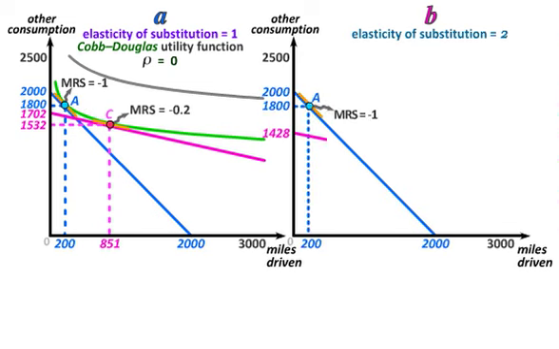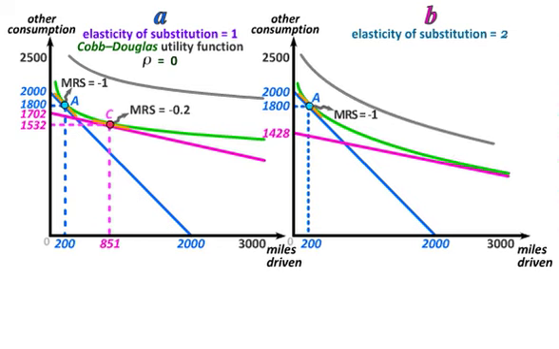In panel B, we'll construct a similar graph, and the only thing we'll change is that we are going to assume that my brother and I now have a constant elasticity of substitution utility function where the elasticity of substitution is equal to 2 rather than to 1, which it had been in panel A. We are also adjusting the other parameter in the utility function to make sure that the original bundle A on the taxi budget constraint remains the same as it was in panel A, so that we can easily compare the two scenarios.